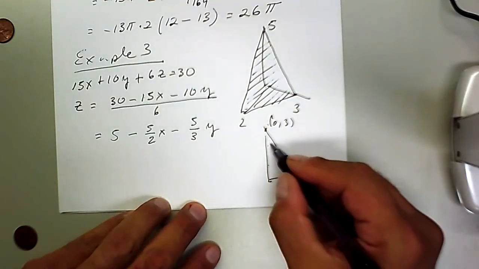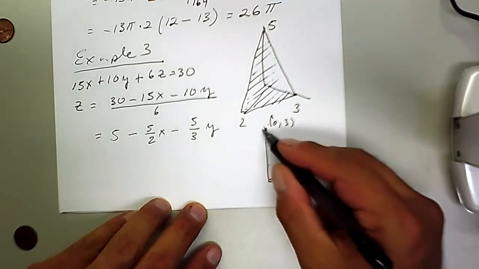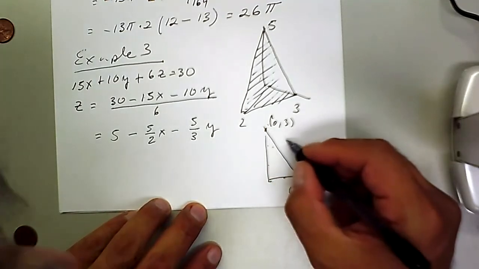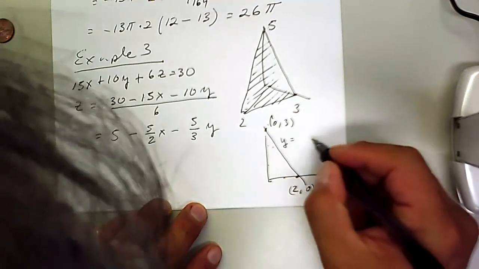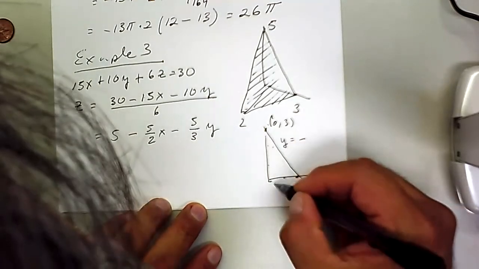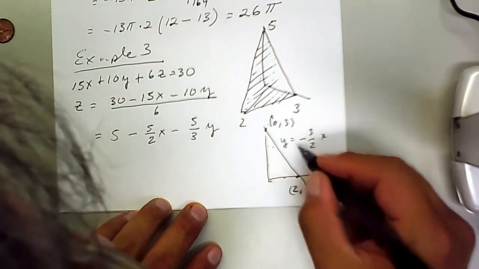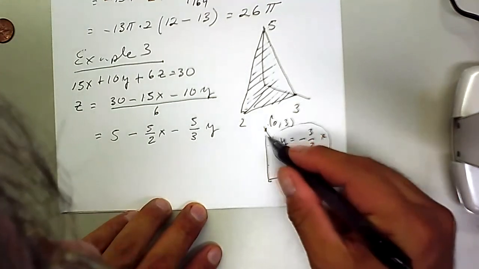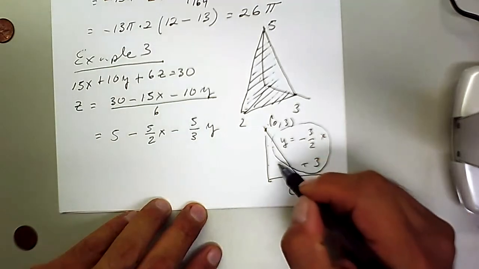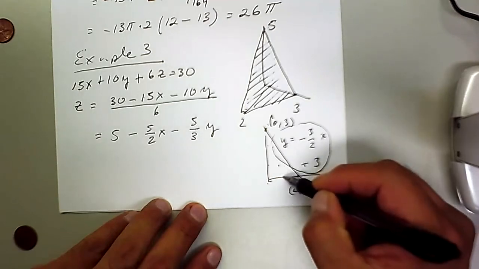So the trick is to find the equation of this line, since this is not a rectangle, which I can provide. Y is equal to, it's going down, so we have a negative slope. Rise is 3, run 2, x, but we start up at 3, plus 3. So this is the equation of this line. So you've got to integrate over this region. X goes from 0 to 2, but y goes from 0 to this line.